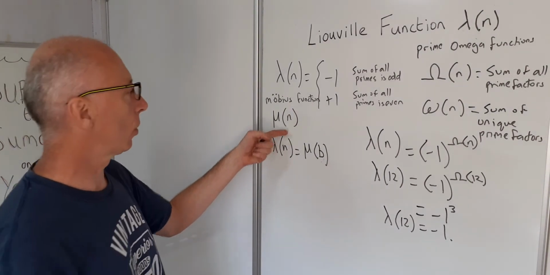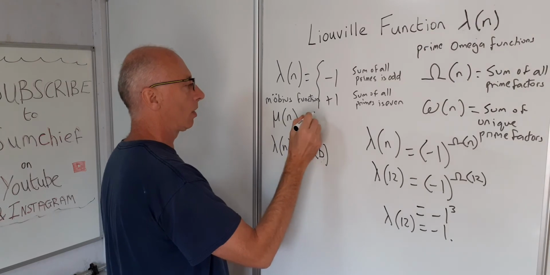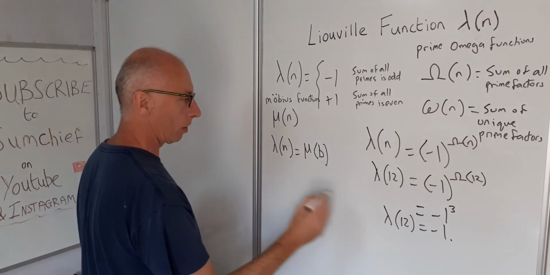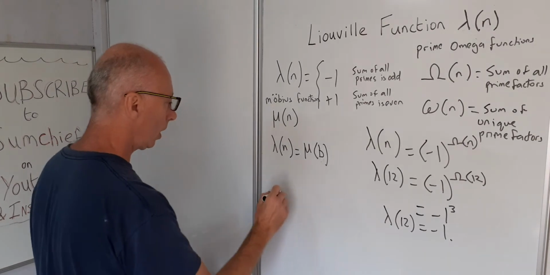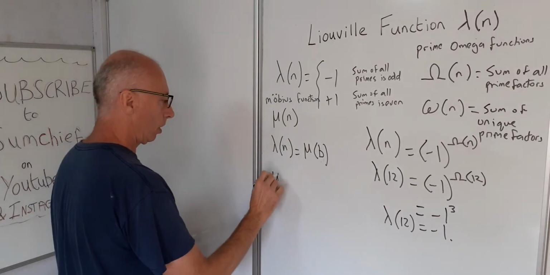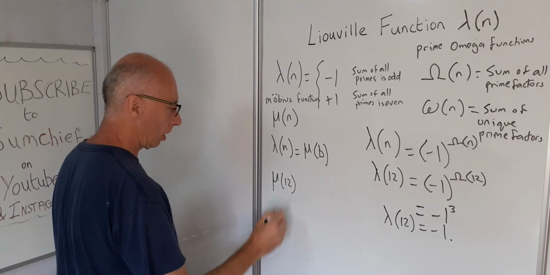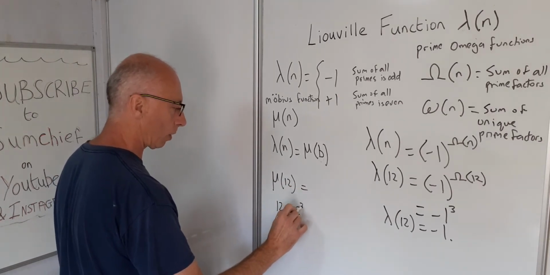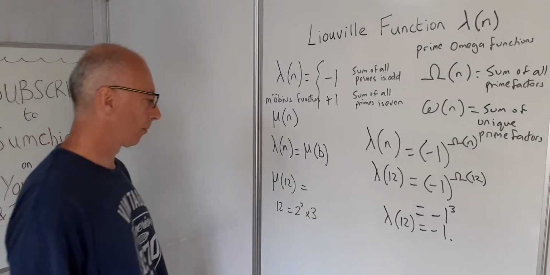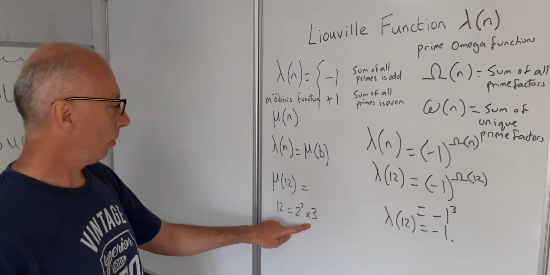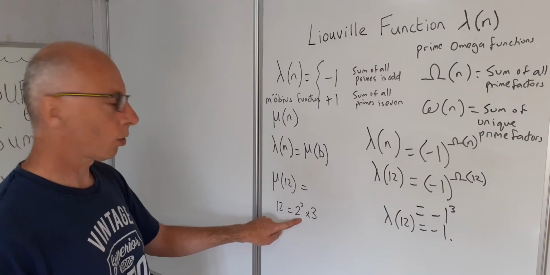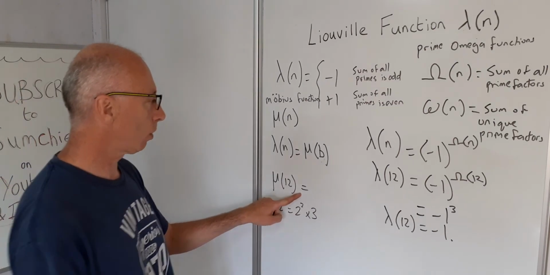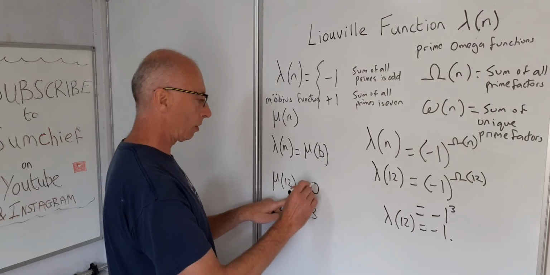So remember the Mobius function. Let's look at the number 12 again. To work out mu of 12, 12 is made up of 2 squared times 3. So 12 has a squared prime factor there, so 2 is squared. Therefore the Mobius function for 12 takes on the value of 0.